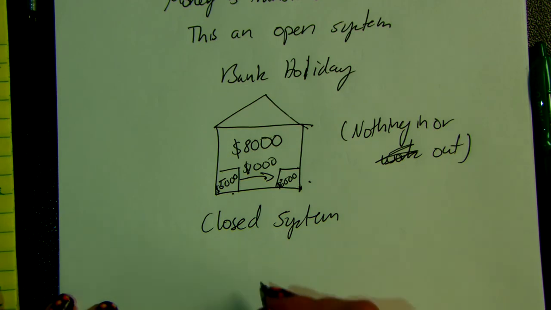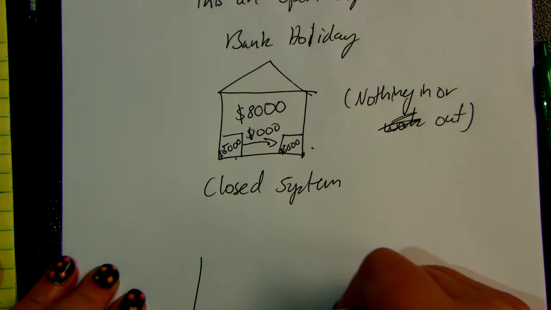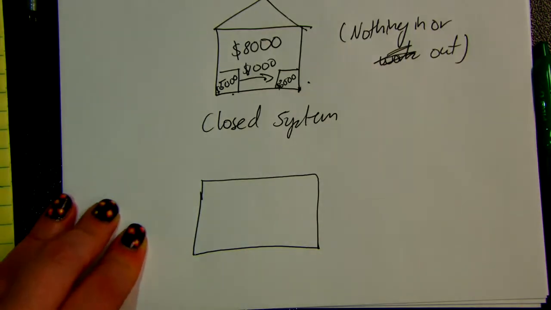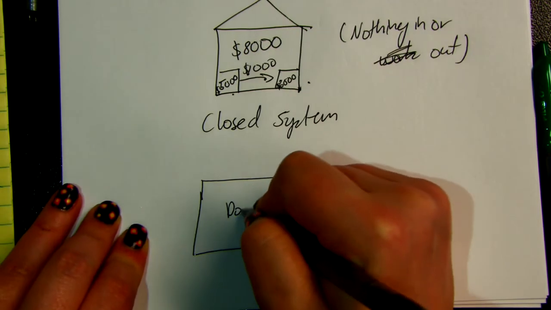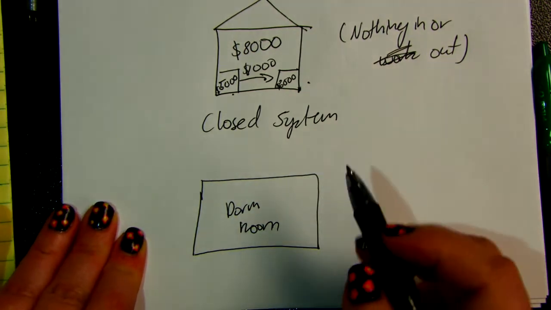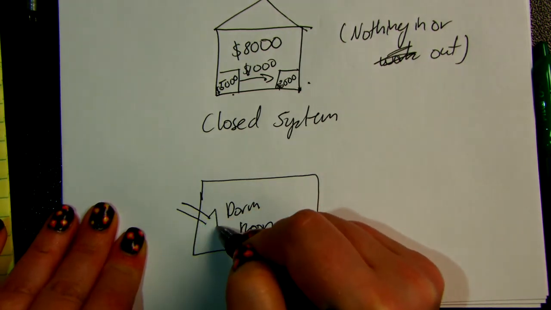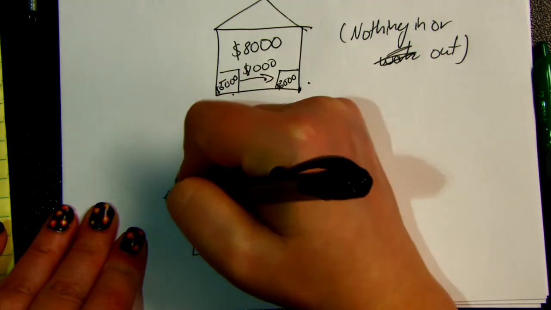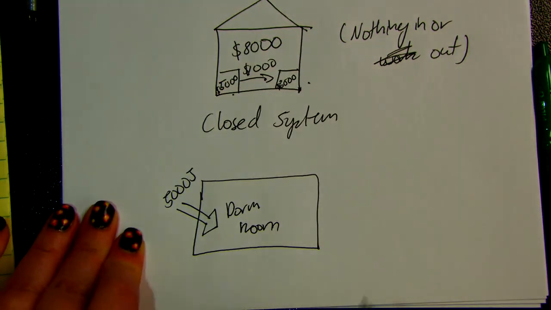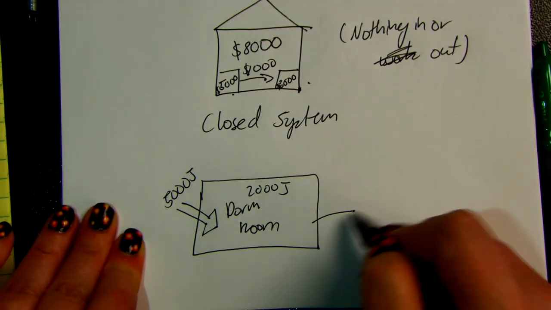So another example of an open system, you have a classroom or a dorm room. Dorm rooms are very much open systems. So here's your dorm room. And so they tend to be very poorly insulated. At least my dorm rooms were. So you might have 5,000 joules coming in, heating your room. Your room is about 2,000 joules.